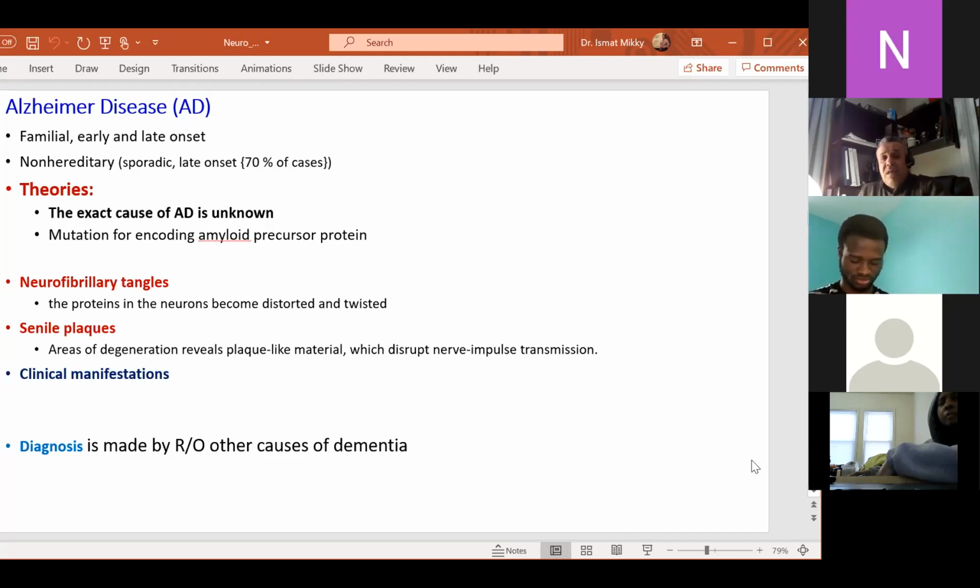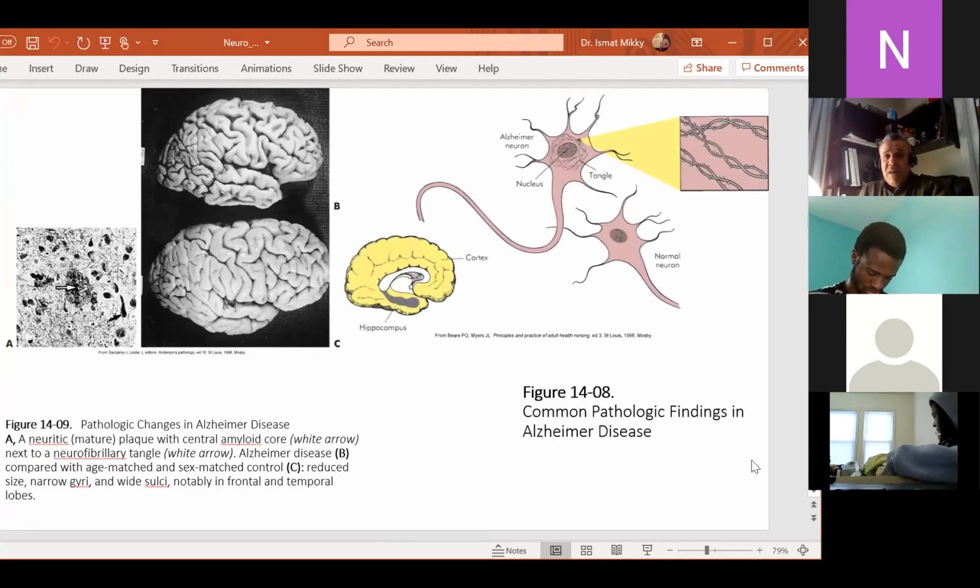The proteins in the neuron which become twisted or distorted, that's another explanation. The presence of these neurofibrillary tangles, like in the next slide, these proteins in the neurons that become distorted, abnormal or twisted, they found them to be one of the criteria to diagnose patients with Alzheimer's disease.